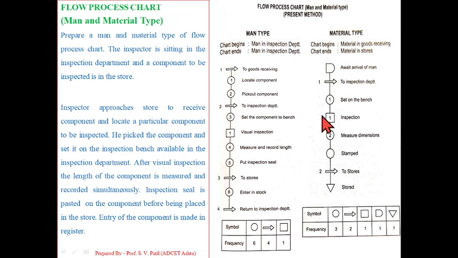So here the approach is the same, just the subject is different. It may be man type, material type, or man and material type. So I hope the process of preparing the flow process chart is clear to you. With this, we'll stop here. Thanks for your patience learning. Thank you.